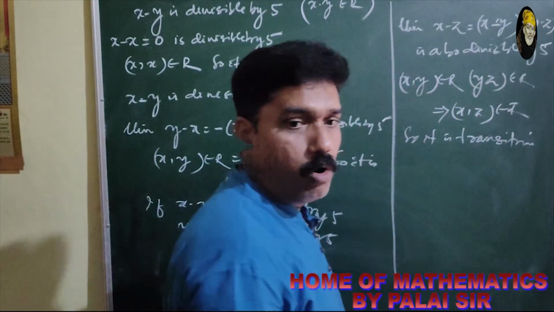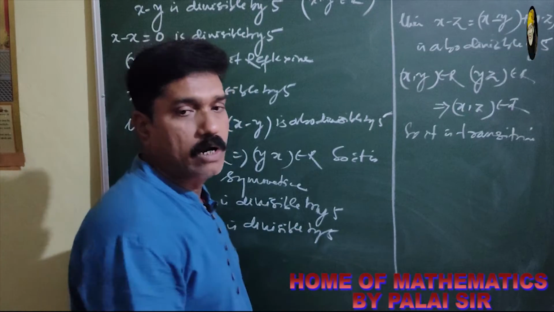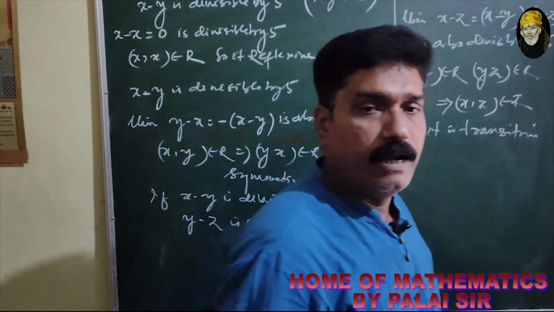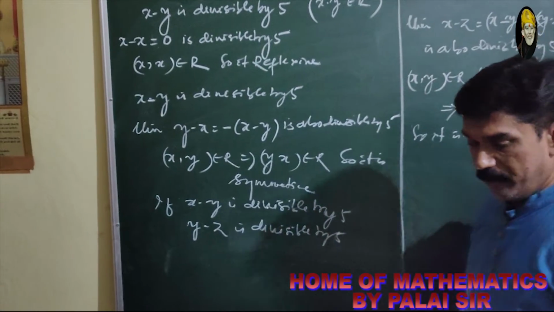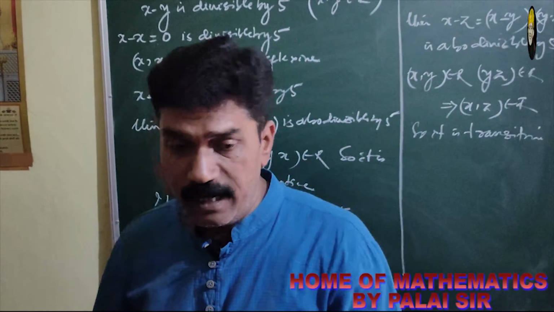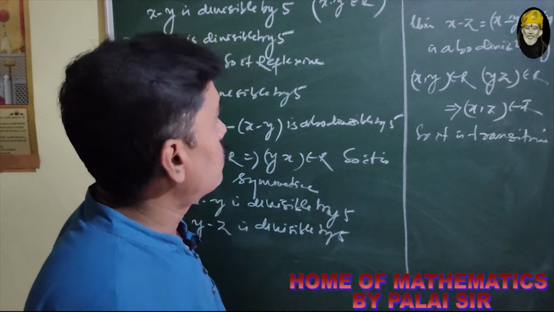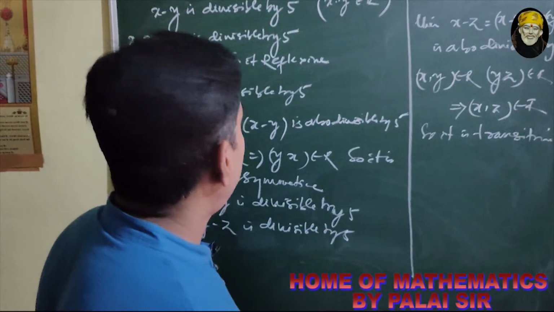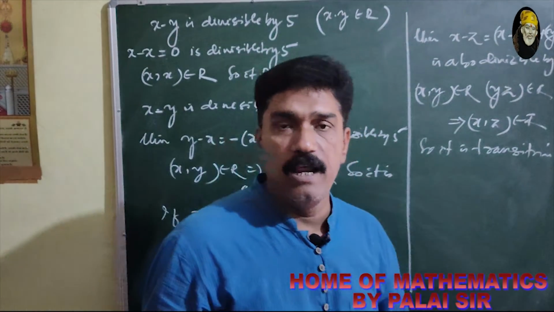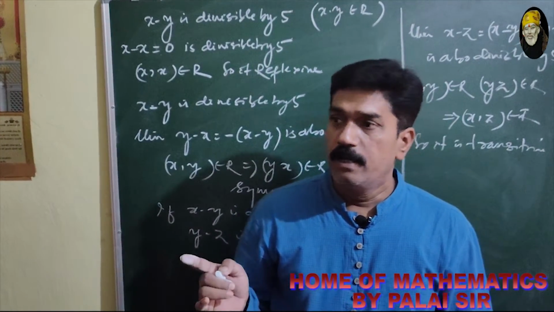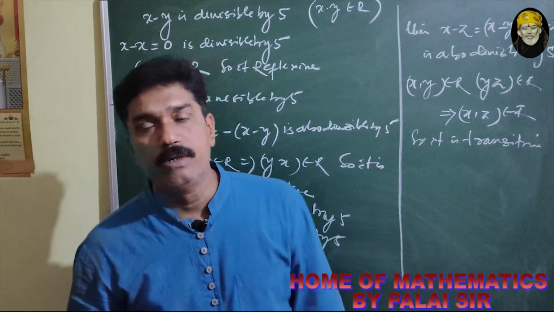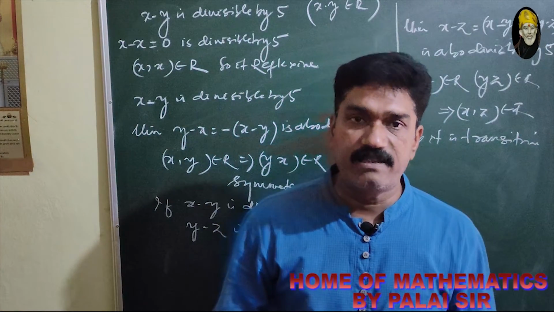As it satisfies all the three relations, it is called equivalence relation. Clear now? Like this you have to solve any relation problem that is given. First you have to check the relation in between two same elements, and if the relation exists, that is reflexive.